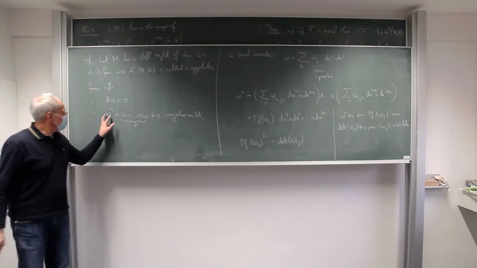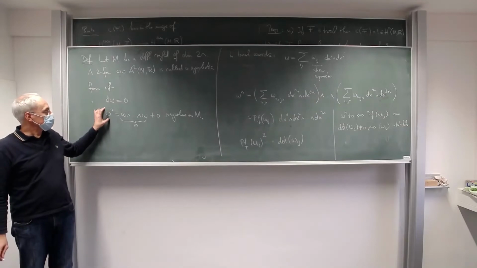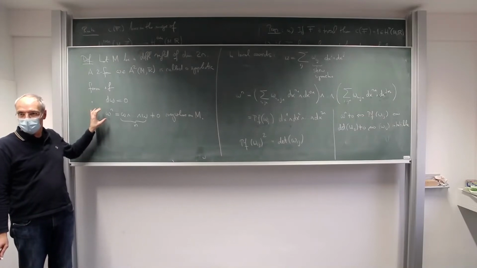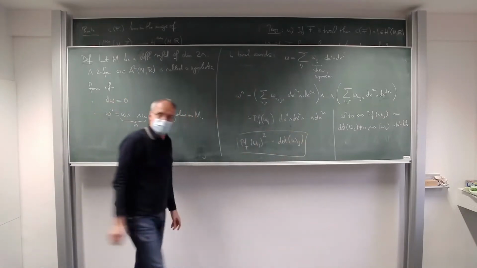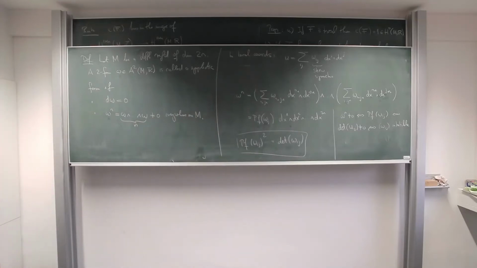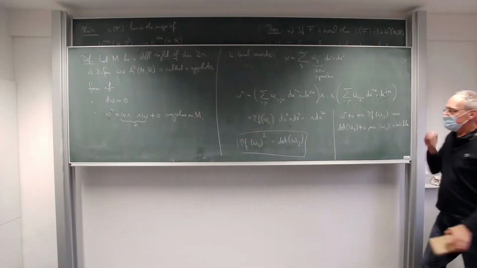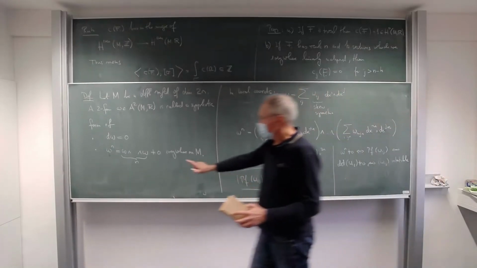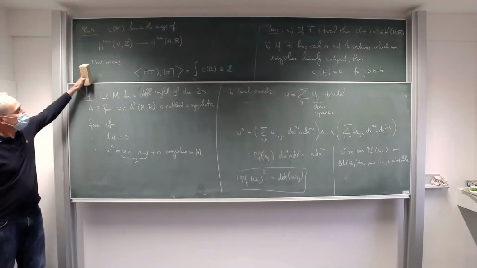If I don't want to talk about the nth power of omega, I can characterize this condition in terms of omega itself by just looking at the coefficient matrix and demanding that the coefficient matrix is invertible. That's equivalent, as we have seen. So that's the only thing here that we need to believe for now. Good. Well, we'll come back to this. All right, so that's a symplectic form, and that's a characterization of this non-degeneracy condition here in local coordinates.